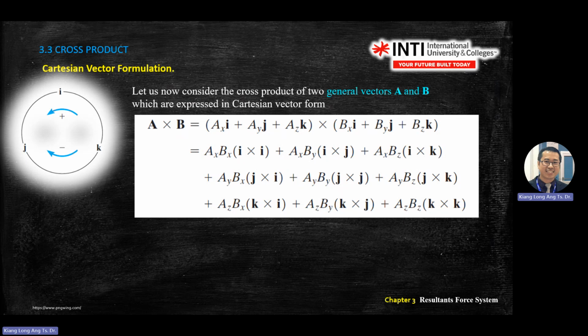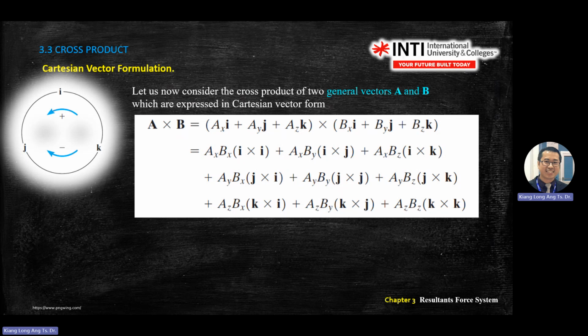Then you do the multiplication one by one. The first one, AX I cross BX I. How do you find the magnitude?